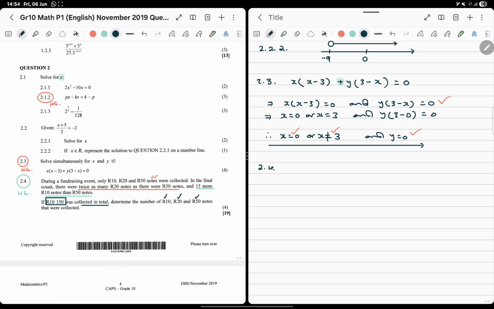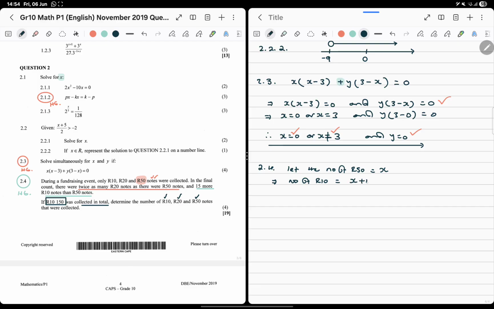Now we can see that what seems to be involved in the number of the others is this dude. So we're going to use that guy as our anchor. We're going to say let the number of 50 rand notes be X. This would imply that the number of 10 rand notes is going to be, we said there were 15 more, meaning we would add 15 to get the total number of the 10 rand notes.